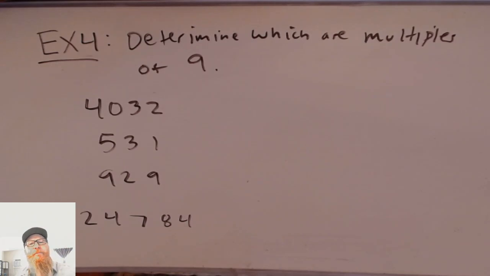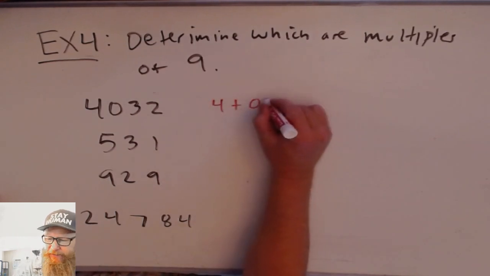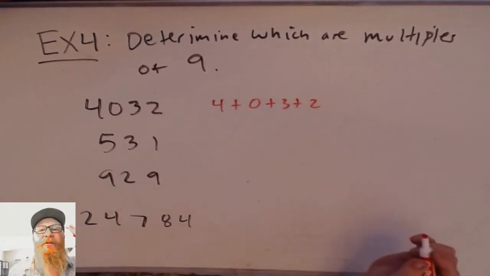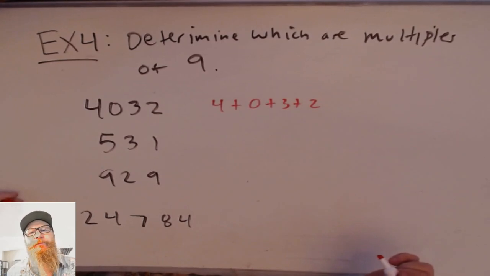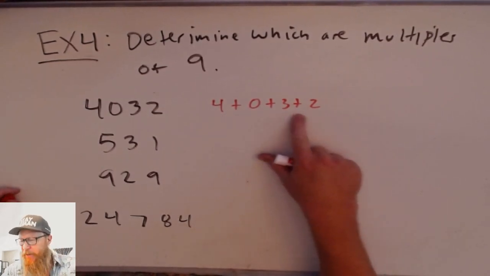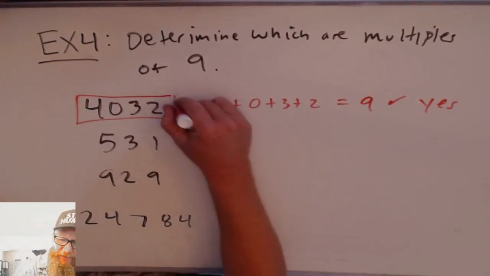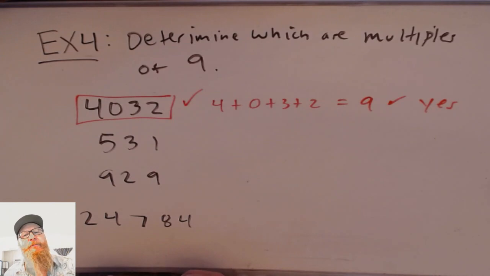All right. So this one, you're going to add up all the digits and see if that's a multiple of 9. So 4 plus 3 plus 4 plus 0 plus 3 plus 2 is 9. Check, yes. So that one's a multiple of 9.